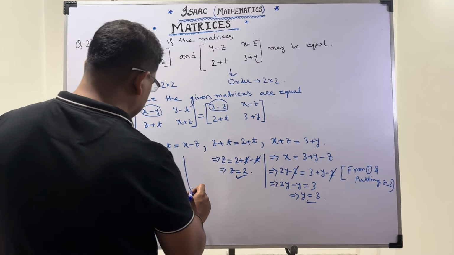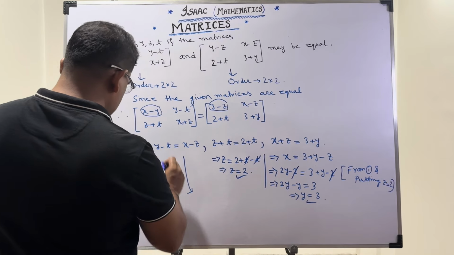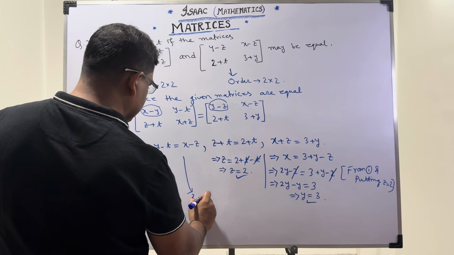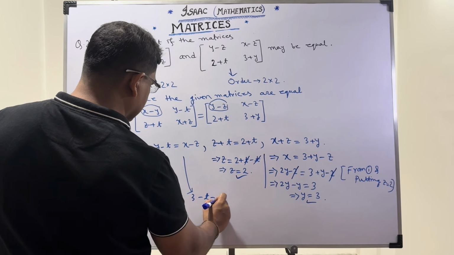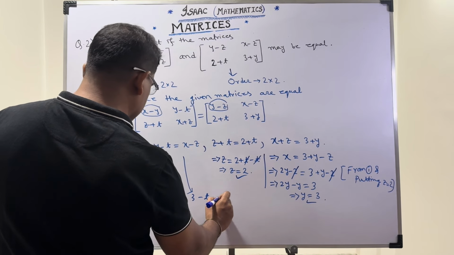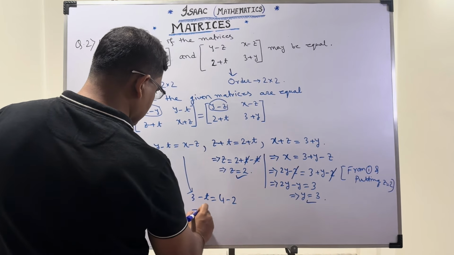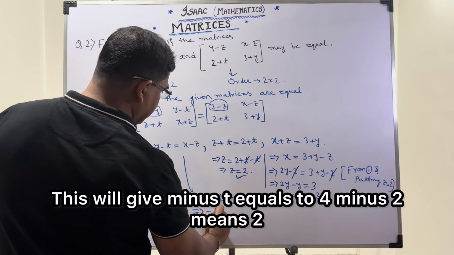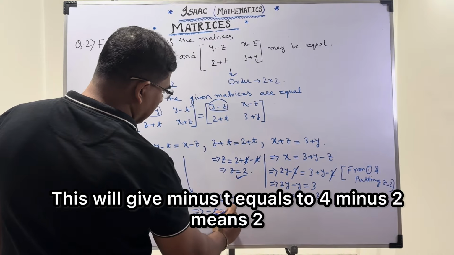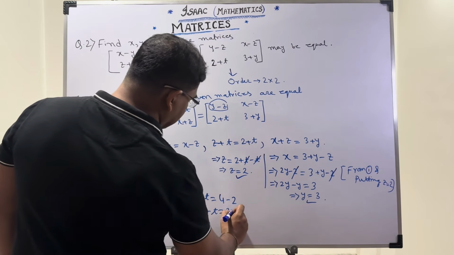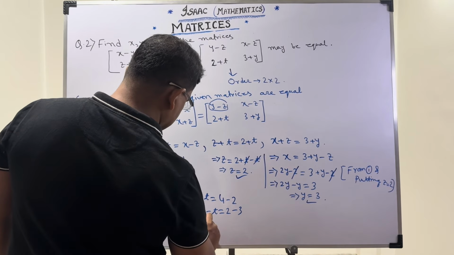From this relation, we have y equals 3, x equals 4, z equals 2. This will give minus t equals 4 minus 2, that means 2, and when this 3 goes to the right hand side, it will be minus 3.